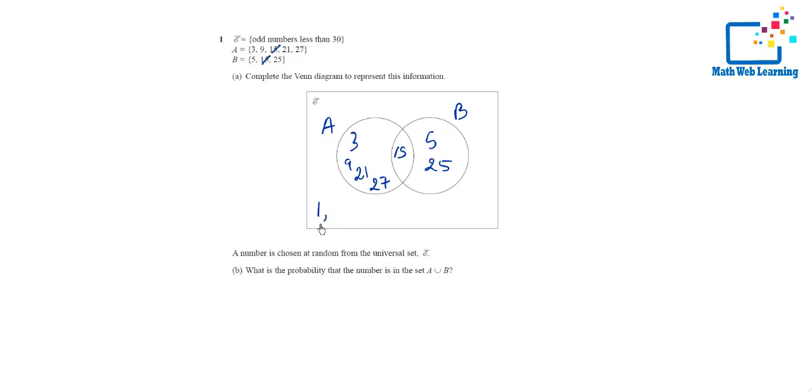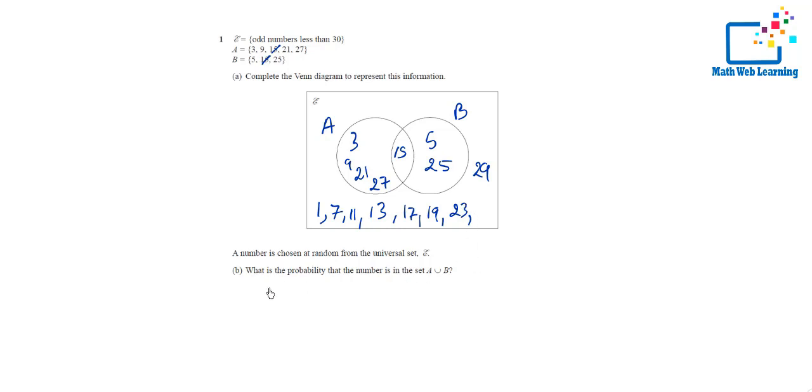That's 1, 3 is there, 5 is there, the next one will be 7, 9 is already there, 11, 13, 15 is there, 17 is next, 19, 21 is there, 23, and let's write it down, 25 is there, 27 is there also, so the next one is 29 and the last one.